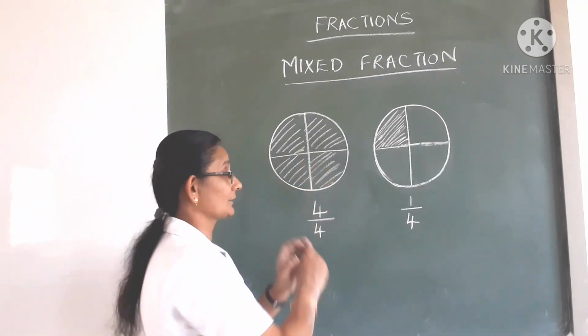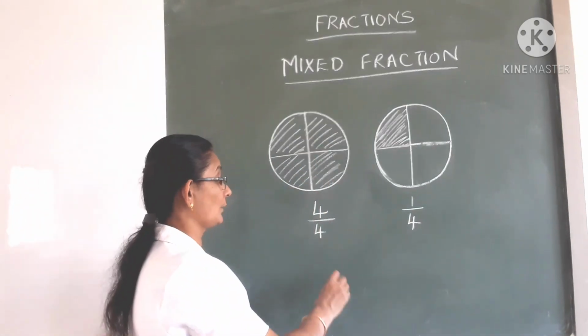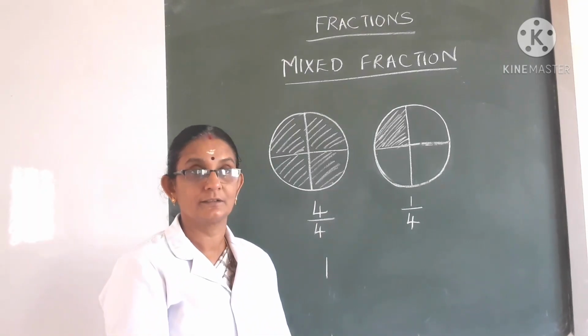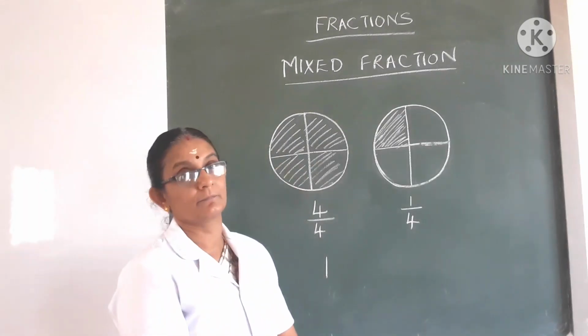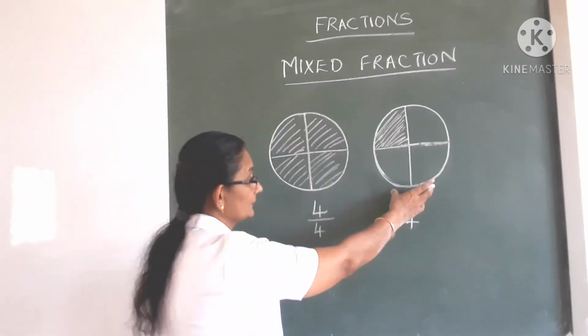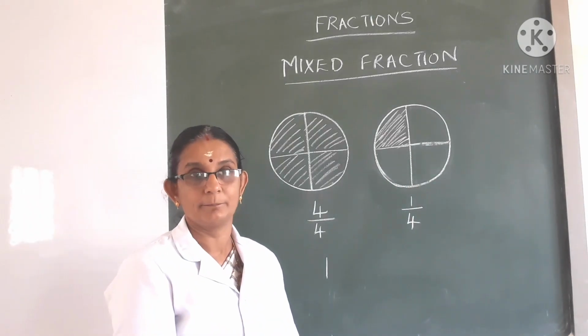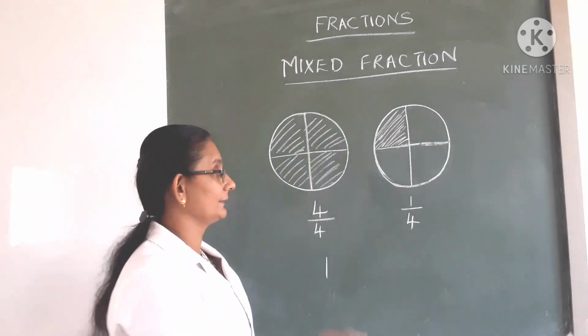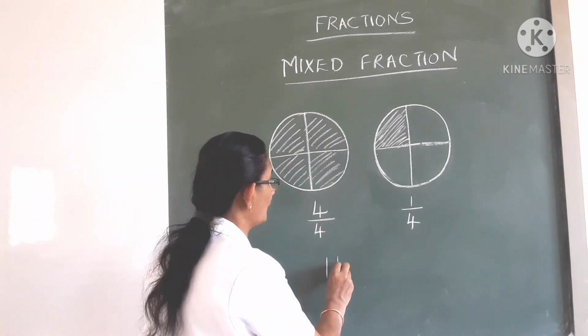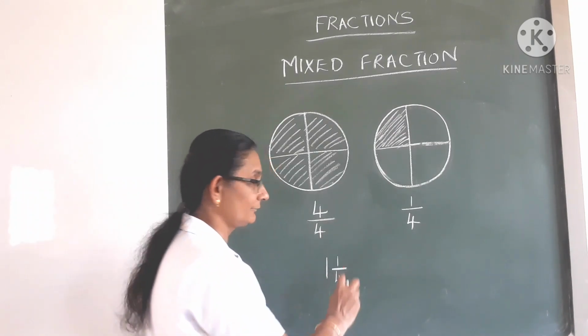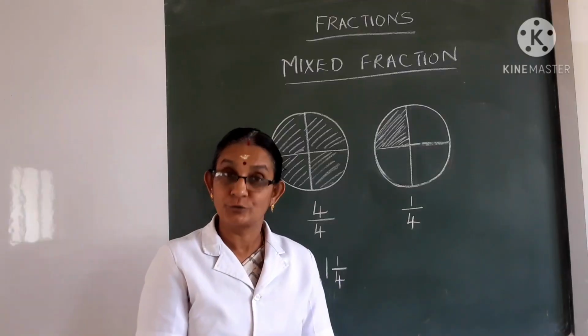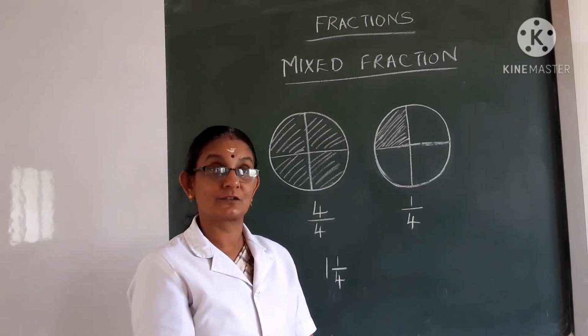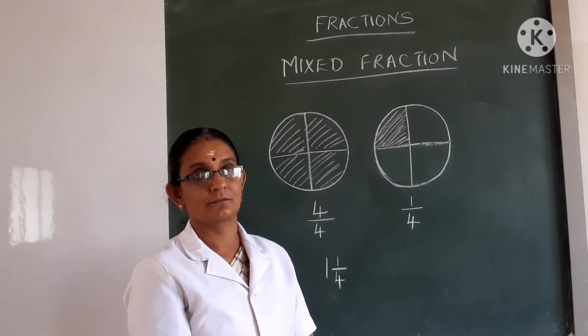So this fraction on the whole can be written as 1, isn't it? It is a one full circle. And this part of the fraction is 1 by 4. So you can write them together as 1 and 1 by 4. So together this fraction is called a mixed fraction.